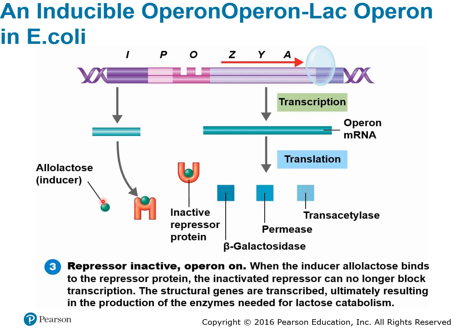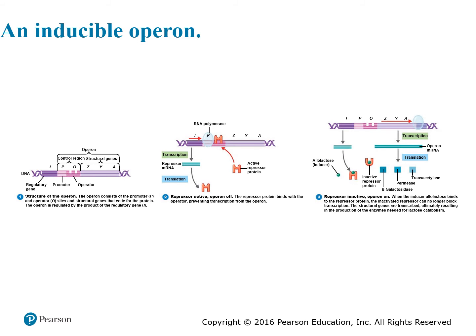Lactose is the inducer. Once lactose is around, then lactose is going to bind to that repressor protein, changing its shape, freeing up the operator sequence so that the RNA polymerase can glide easily and transcription can go ahead and take place. And that's why we call that operon an inducible operon.